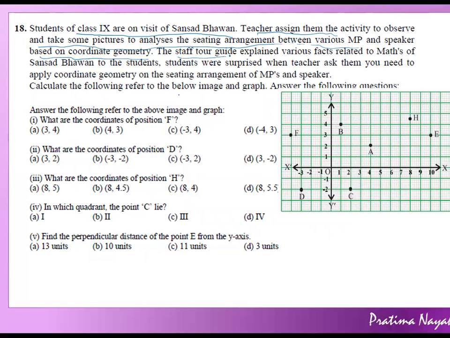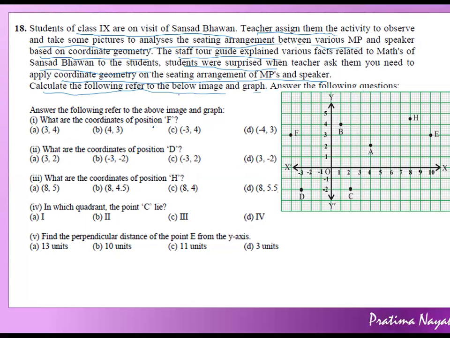The staff's tour guide explained various facts related to maths in Sansad Bhavan to the students. Students were surprised when the teacher asked them to apply coordinate geometry to the sitting arrangement of MPs and speaker. Calculate the following, refer to the image of the graph. Image I have not copied here. It is in the question paper. Answer the following questions.